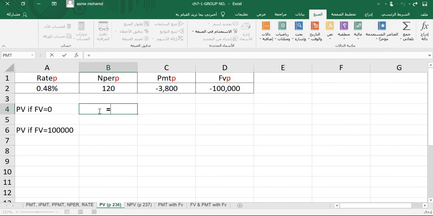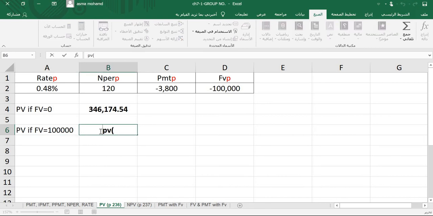And now let's help her by seeing how much the bank can lend her. So this is by using the present value function. By using the present value function, we will help our client to know how much the bank might lend her. Now we will enter the rate, and then the number of periods, and then the PMT, and first we will see if the future value is 0, and here we will see if the future value is negative.